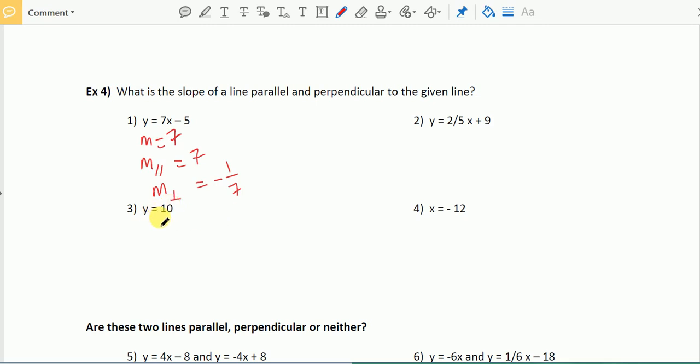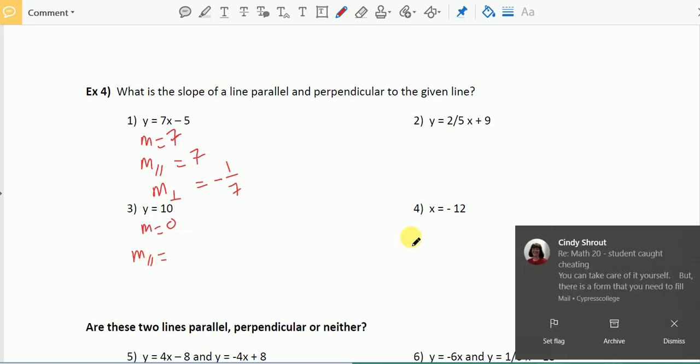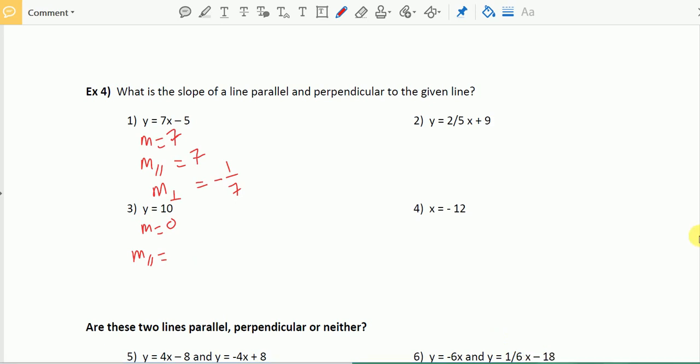This one, y equals 10, means the slope is 0 because this is a horizontal line, right? For the parallel, we have the same slope, which is 0.